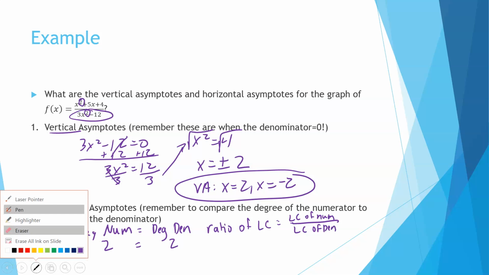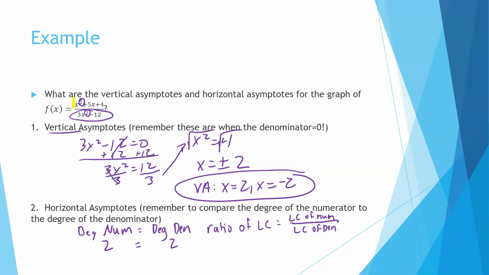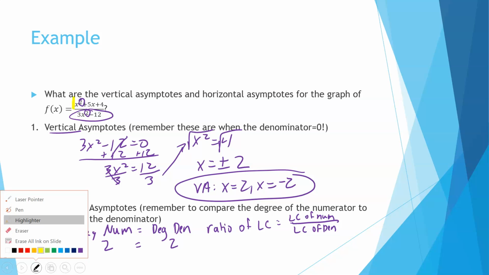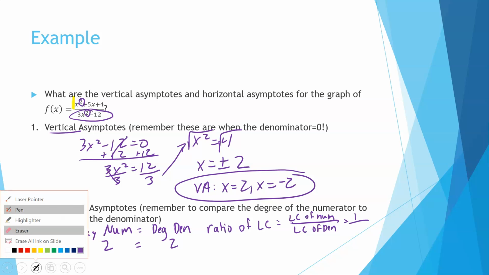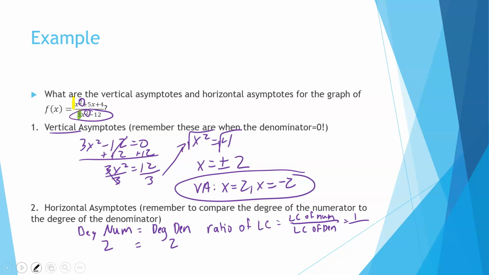The leading coefficient of the numerator, there's no number there, so it's a 1 on top. The leading coefficient of the denominator is a 3, so 1 over 3. But remember, for a horizontal asymptote, you must write it as an equation. It's a horizontal line, so it's always y equals. It's y equals 1/3.